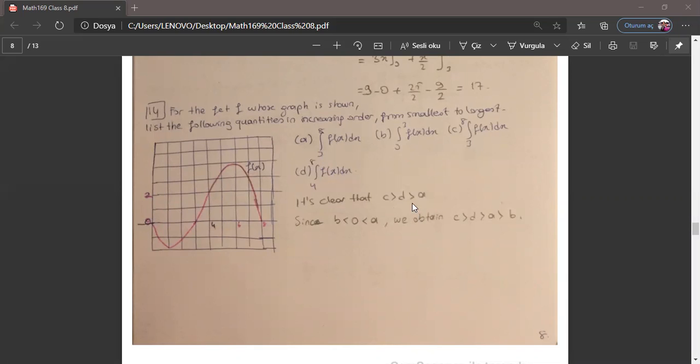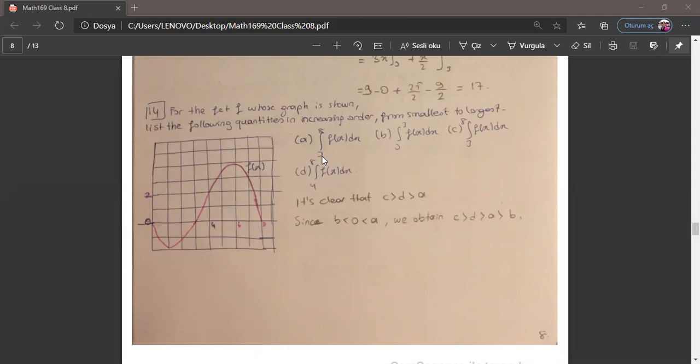Okay, so here we have. Now we see that b is less than a. And most importantly, b is less than 0. It's from 0 to 3. From 0 to 3, it will be negative because it is under the x-axis. Okay, so it's less than 0.